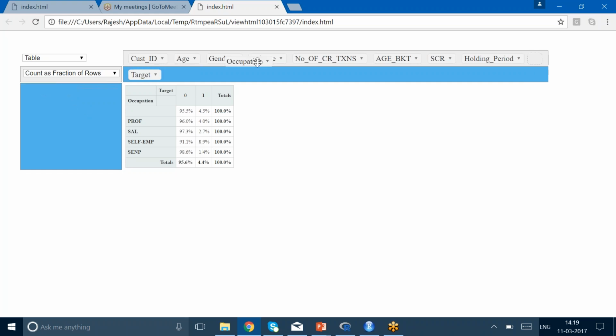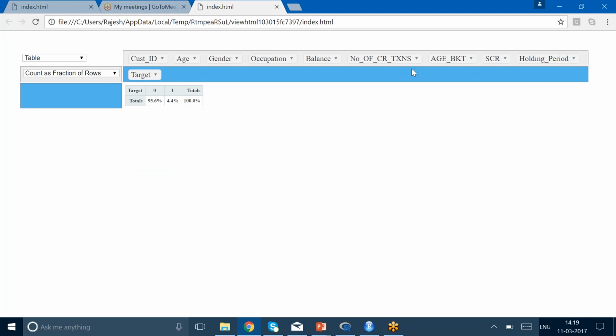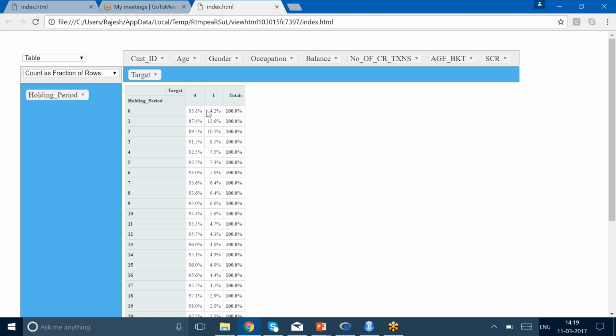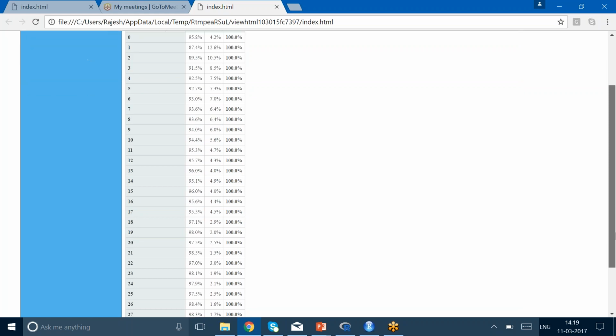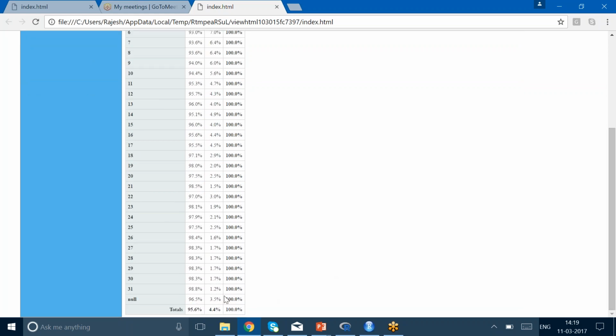Instead of taking occupation, let me take a continuous variable, holding period. Now when I see holding period, there is 0 with 4.2, then 12, 10, 8, 7, 7, 7, 6, 6, 5, and here you can see that as my holding period is increasing, the proportion of customers who respond is decreasing.